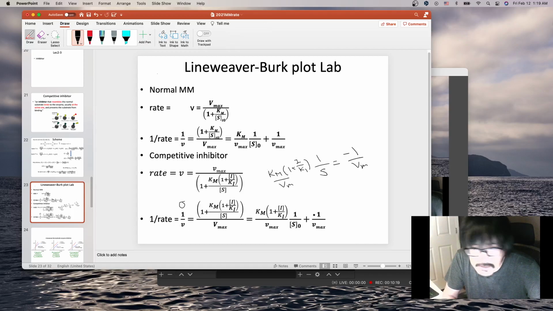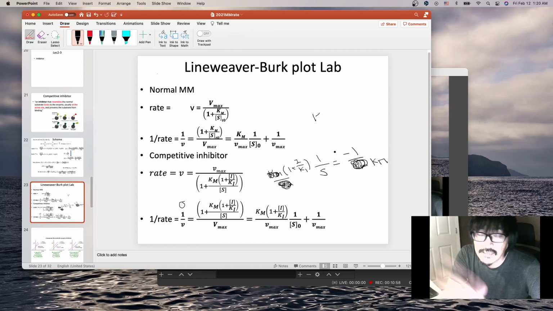Because I can put these things on the left hand side, then Vmax is going to cancel. Why don't I just divide by Km on both sides? Then this is what I get. When the line crosses the X-axis, it's going to be a smaller value.